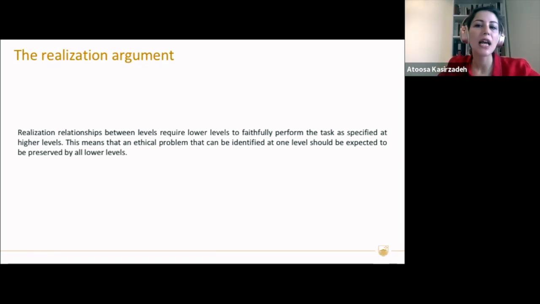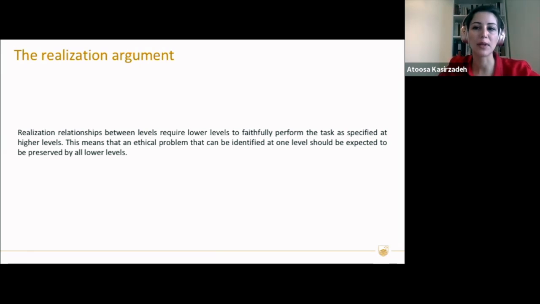So the realization argument, therefore, is very straightforward. Suppose an ethical problem with negative impacts appears at a higher level of analysis. Then the solution to this problem at a lower level of analysis is a way of satisfying the ethical demands that appear at the higher level. And then the next lower level of analysis might asymmetrically necessitate that higher level. And that is just what it is to realize that higher level. But part of this asymmetric relationship is preserving some extensional fidelity to the activities at a higher level.